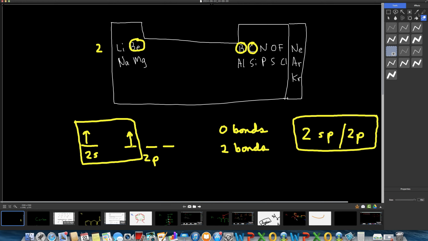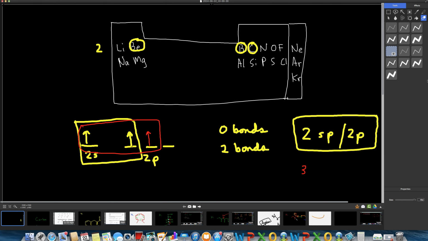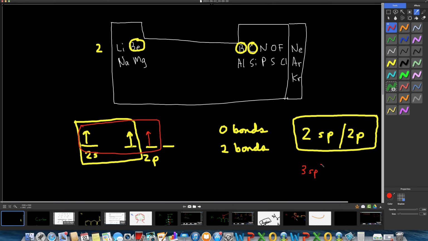After hybridization and mixing, boron can make 3 bonds, and the hybridization, I'm going to put this one in red, I will have 3 sp2 hybridized orbitals, but 1 unhybridized p orbital.